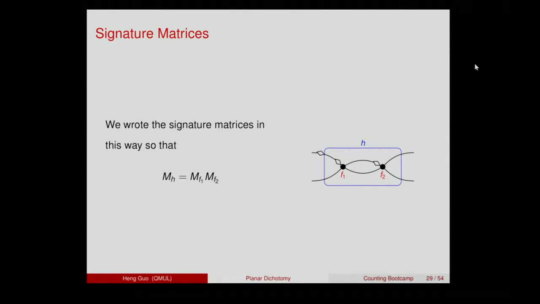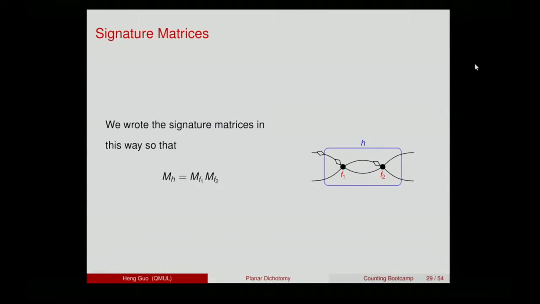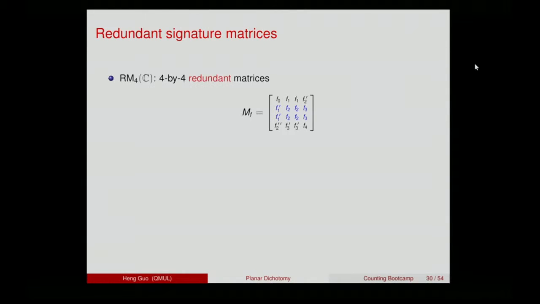Here I used a diamond to denote the most significant bit, and here is the most significant bit. So x4 aligns with x1. That's why we list it this way, and viewed as a new function, we put them here to note the most significant bit. So this is the signature matrix notation.